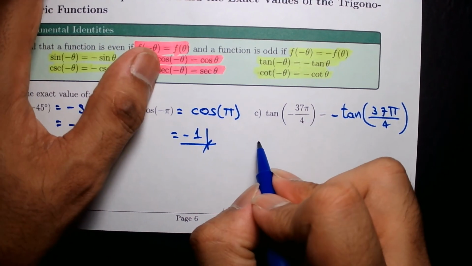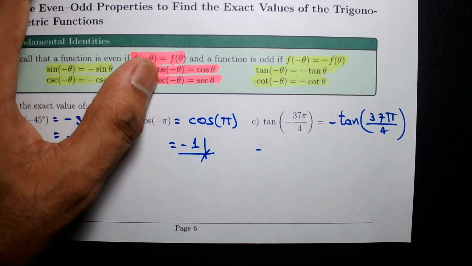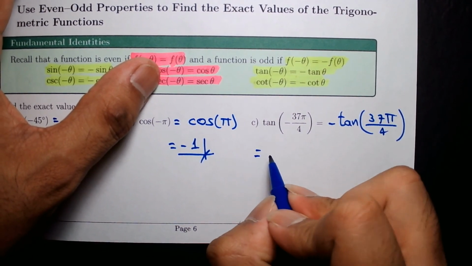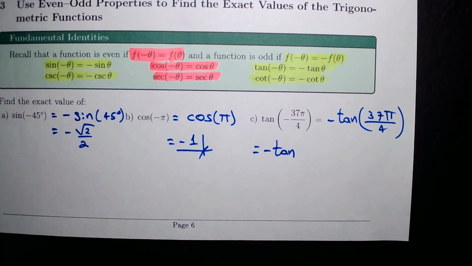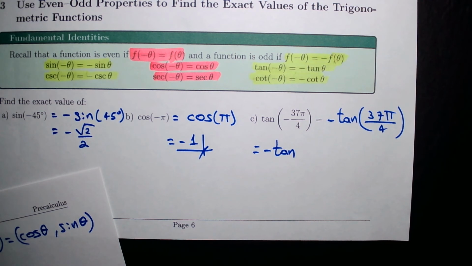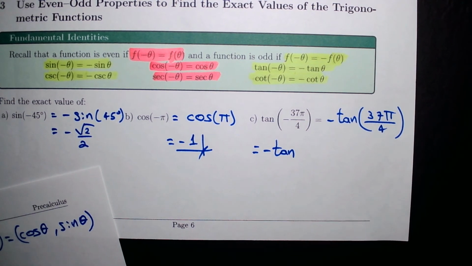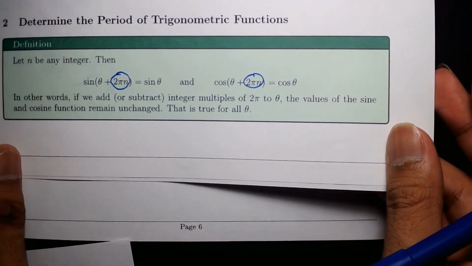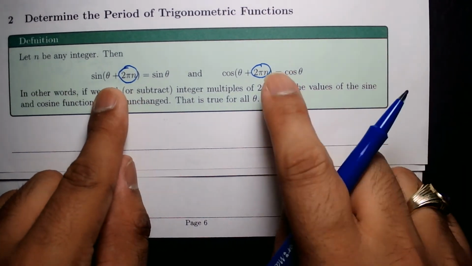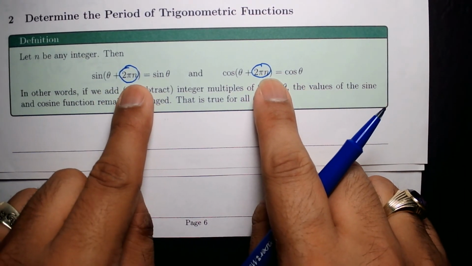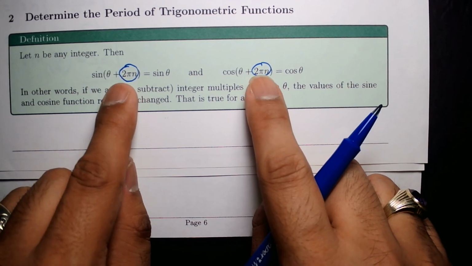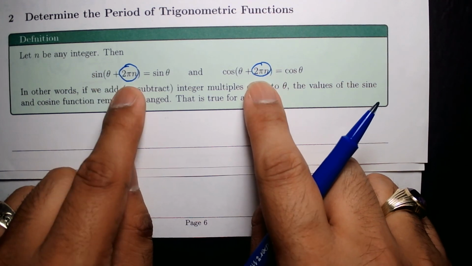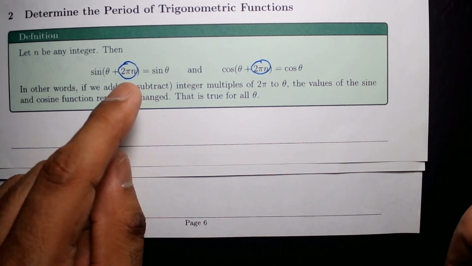Let's go back to the first page of this handout and add an extra piece of information. Sine and cosine are periodic at integer multiples of 2 pi, like 2 pi, 4 pi, 6 pi, 8 pi, 10 pi, 12 pi, etc., and of course, negative values.